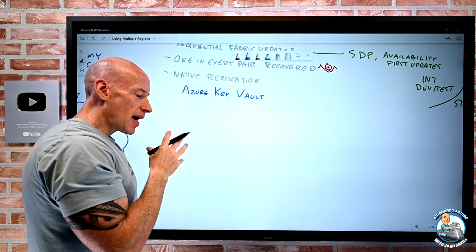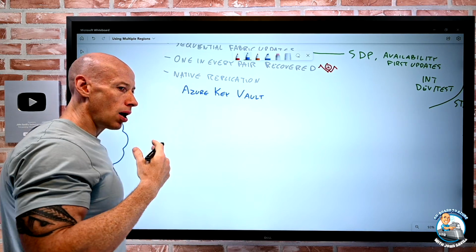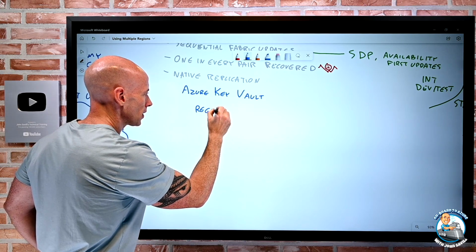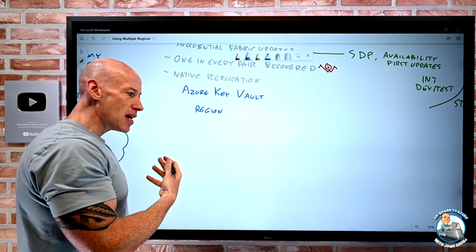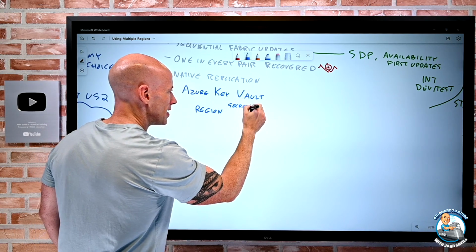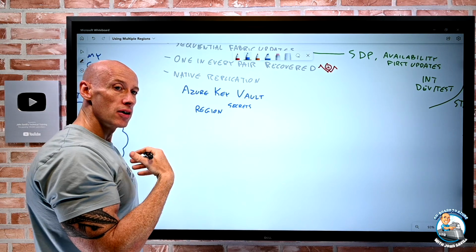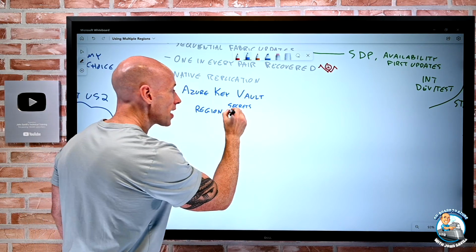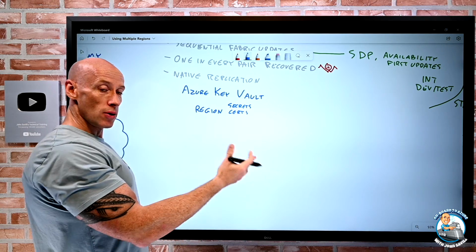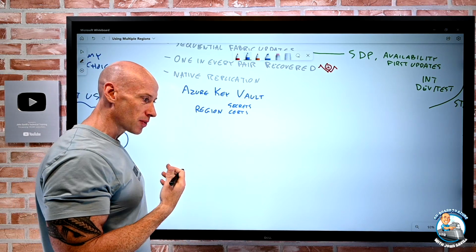If I think of Azure Key Vault, I create an Azure Key Vault in a particular region. And then inside that Key Vault, I can have secrets, some string like a password that I can write and read. I can have certificates, so it handles the life cycle of those. Again, I can put those in, I can take those out. It does lifecycle management for me.